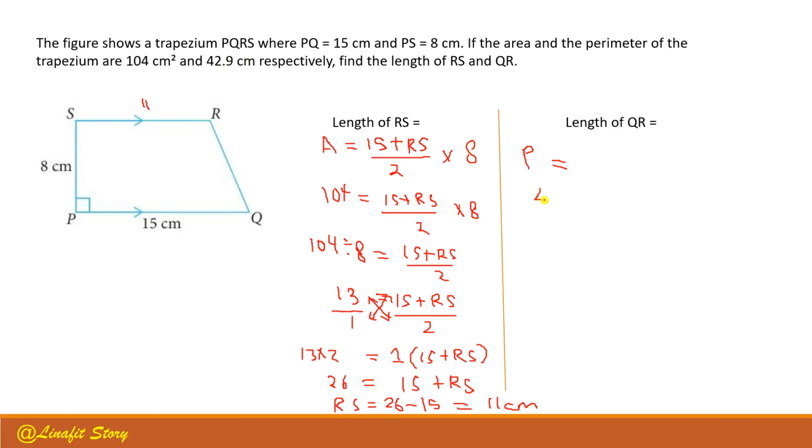So, 42.9 minus 8 minus 11 minus 15 is equal to 8.9 cm. So the length of QR is 8.9 cm.